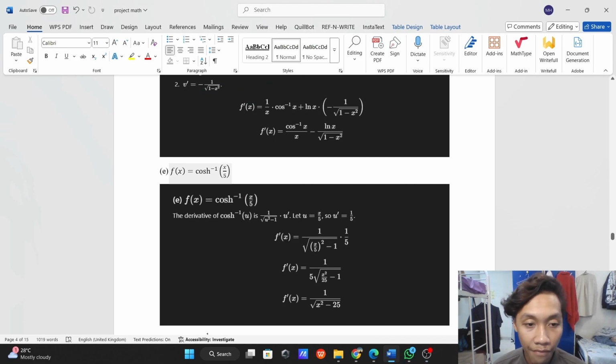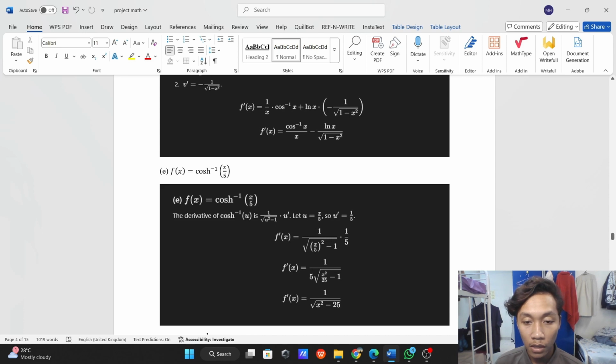So next is f(x) equals cosh inverse of x over 5. The derivative of cosh inverse u is 1 over the square root of u squared minus 1, times u prime. So let u equal x over 5, so u prime is 1 over 5.